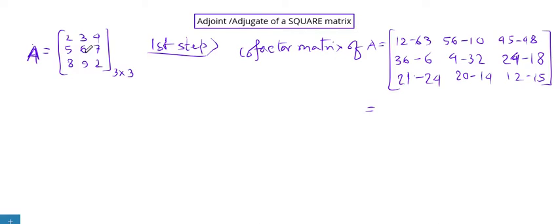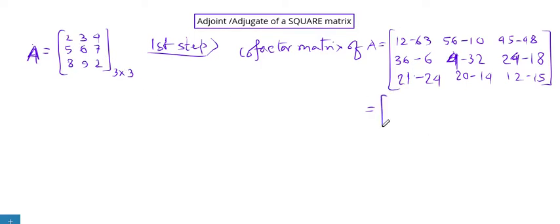Suppose the element 6, the cofactor of 6 is 4 minus 32, so I have replaced it by 4 minus 32. In this way we have found the cofactors of every element and replaced the original number by its cofactor.